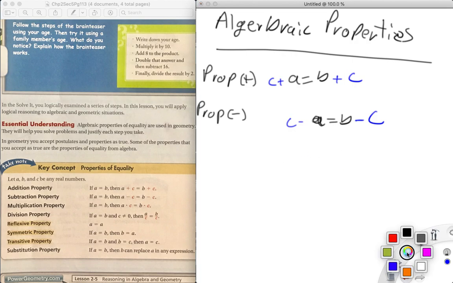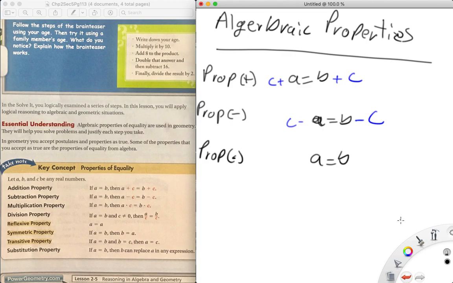Multiplication property of equality. If I have A equals B, if I multiply by a number on one side, then I do the same thing on the other side to maintain equality. What I do on one side, I do to the other. You guys know these already, hopefully.